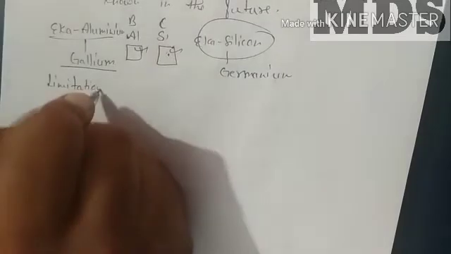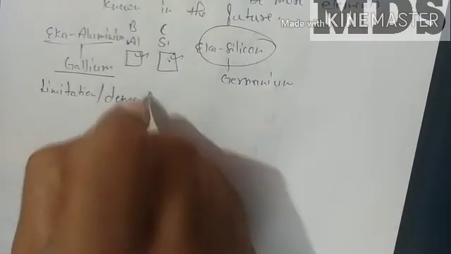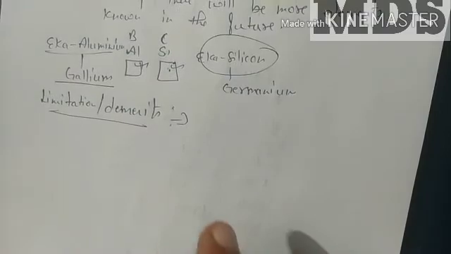Now what are the limitations remaining? Limitations, you can call them demerits. So what remained that led to the next classification, that is the modern periodic table?